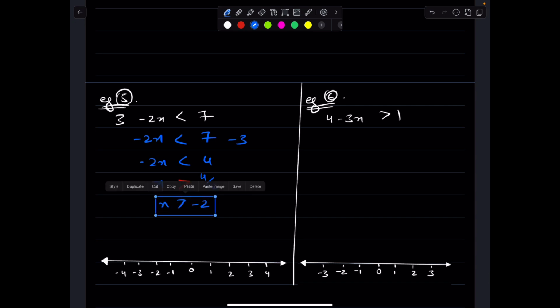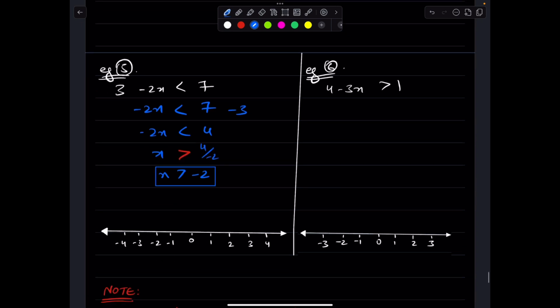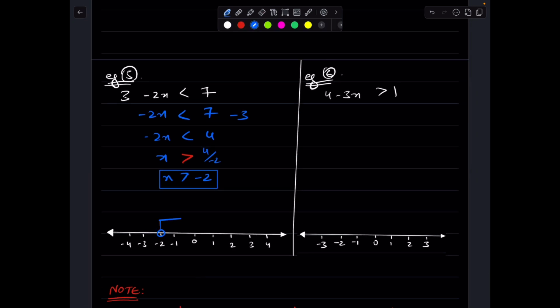So to represent this inequality, we'll make an empty circle at minus 2 and the arrow will point right. In case of example 6, we have minus 3x is greater than 1 minus 4. So we have minus 3x is greater than minus 3. Since we have a minus with a variable in the inequality, the sign of the inequality will change.